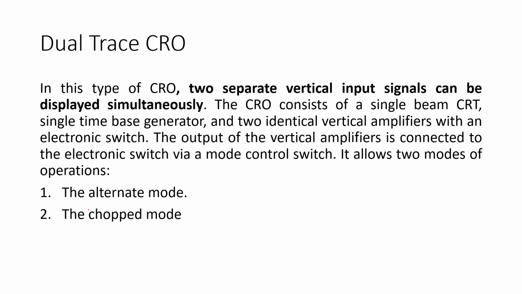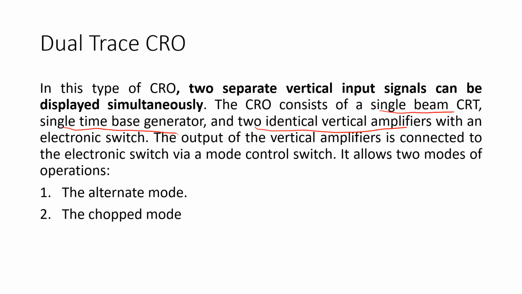The other type of CRO is the dual trace CRO. Previously I talked about the dual beam. Dual beam has two beams or two screens. In the dual trace CRO we have only a single beam, a single time-base generator, and two identical vertical amplifiers with an electronic switch.